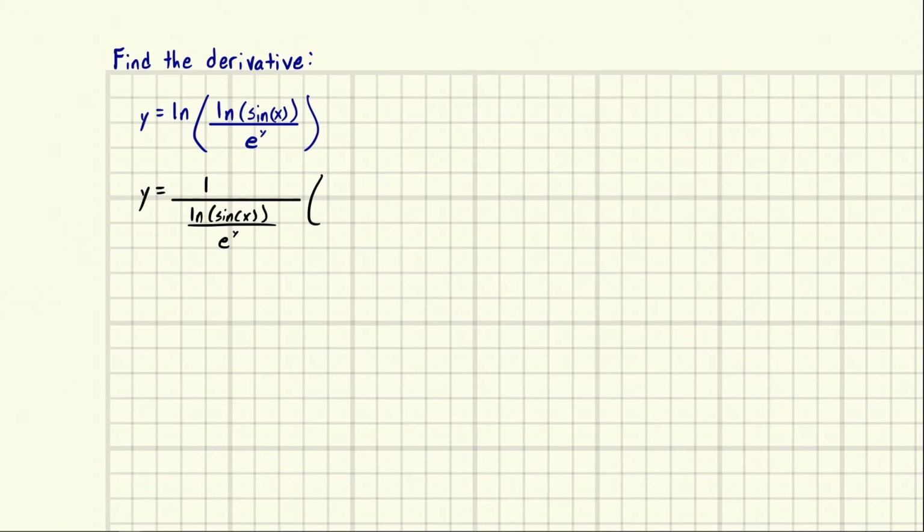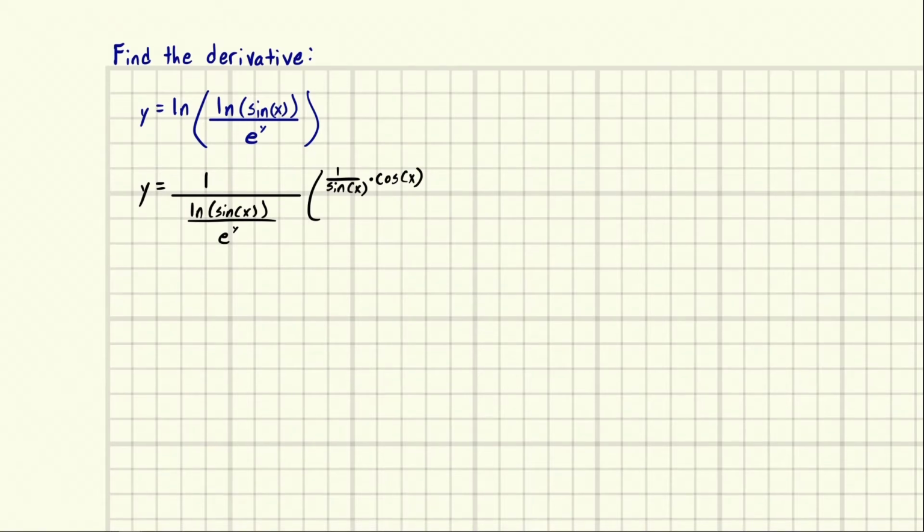The derivative of the high is 1 over sine x, because it's 1 over x, but in this case it's sine x. But this itself requires a chain rule, so times cosine x. That's the derivative of the high times the low, which is times e to the y, minus low d high.